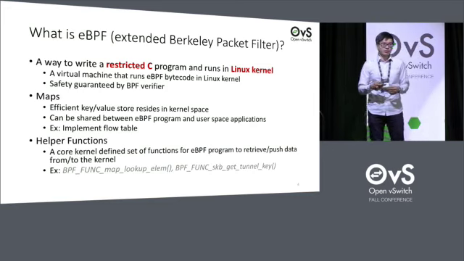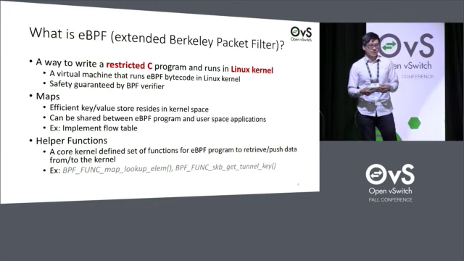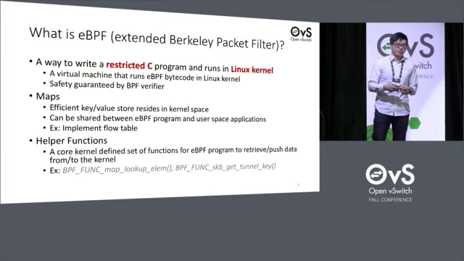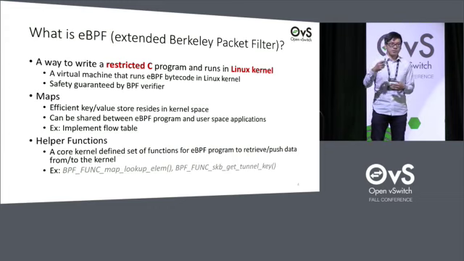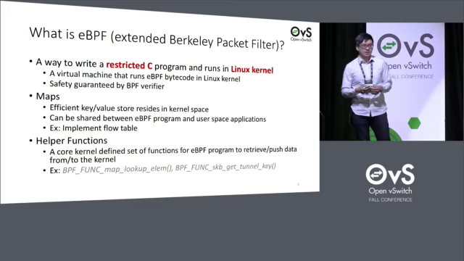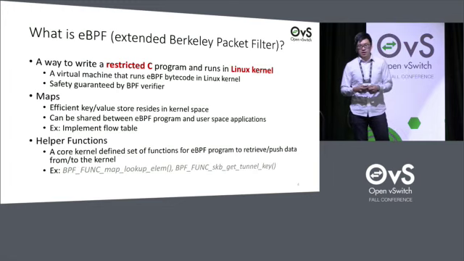The first one is called eBPF map. It's an efficient key-value storage that resides in the kernel space so that we can use it to share data between the eBPF program and the user space program. One example of utilizing this mechanism is that the user space OVS vswitch can install the datapath flow by writing it into the eBPF map.